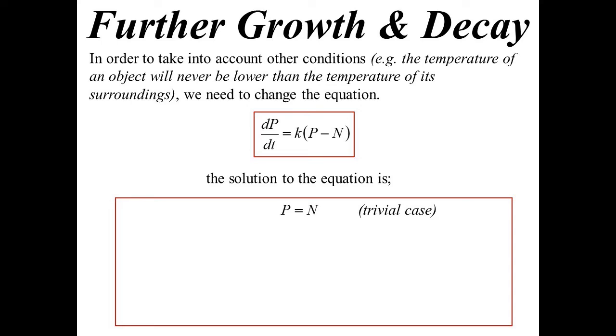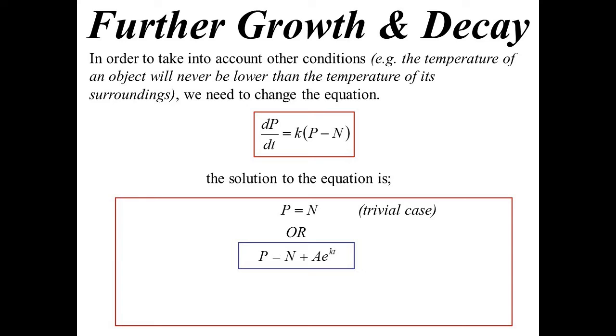The solution we're interested in is this one: P equals N plus Ae^(kt). Now, if you look at that closely and think about graphs, what have we got there? We've got that simple model we saw yesterday, Ae^(kt), but we have shifted the curve up or down, depending on what N is, that external condition. It basically becomes an asymptote for the graph.